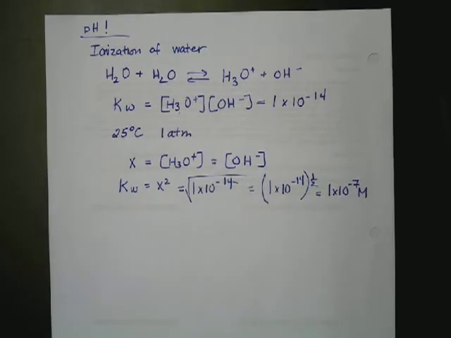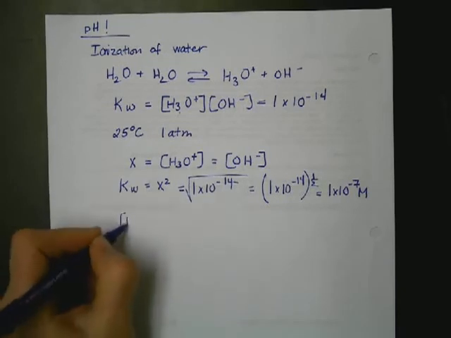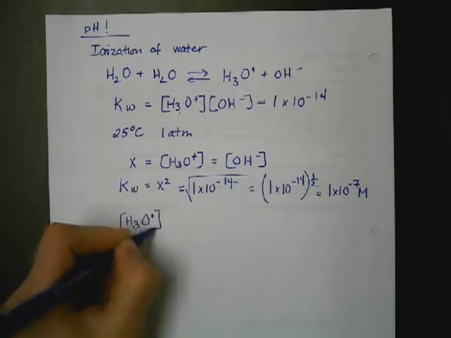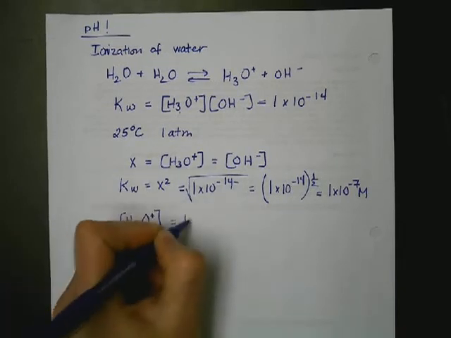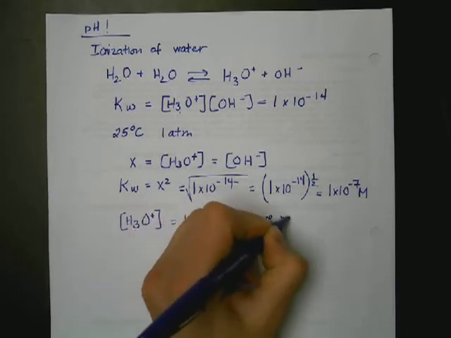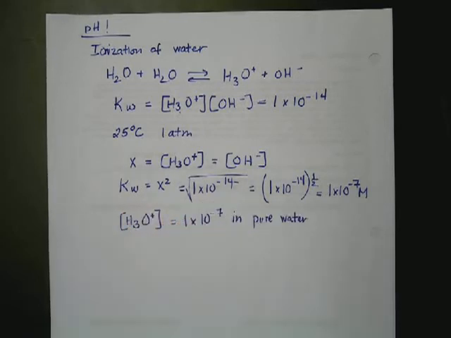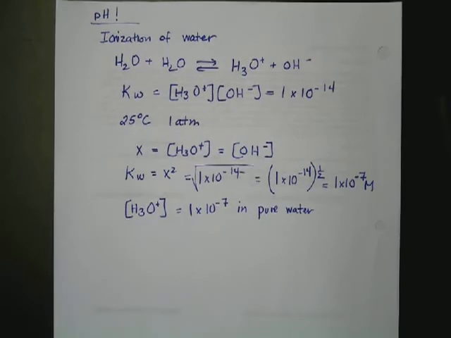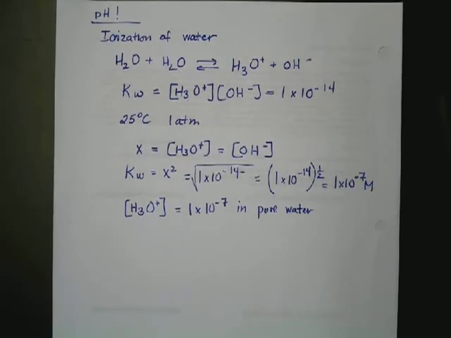We talked about this a little bit before: what is pH equal to? Not exactly. When we're dealing with all of these acids and bases, we're trying to compare things.